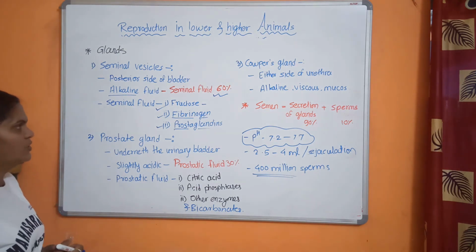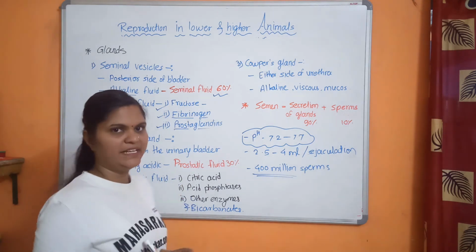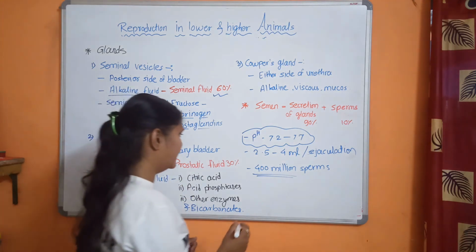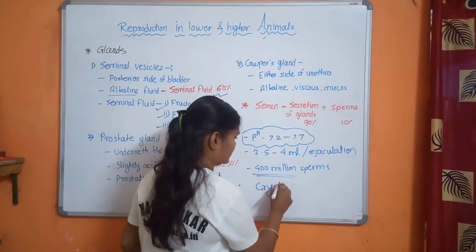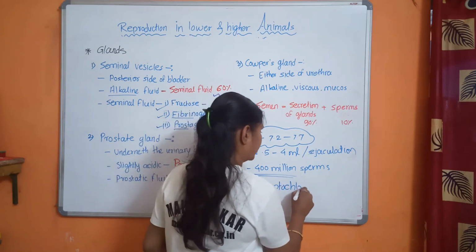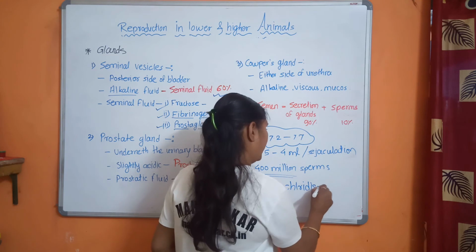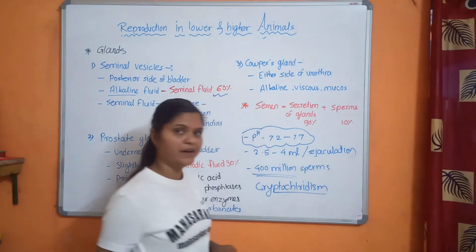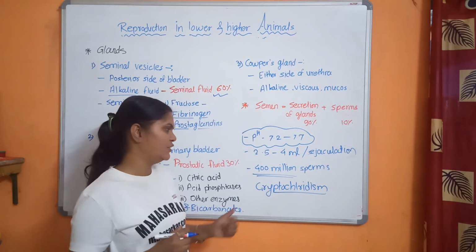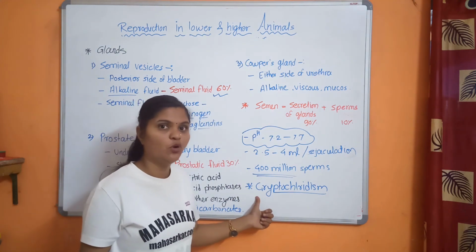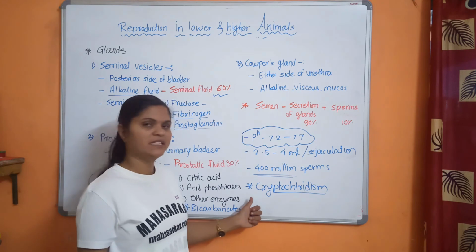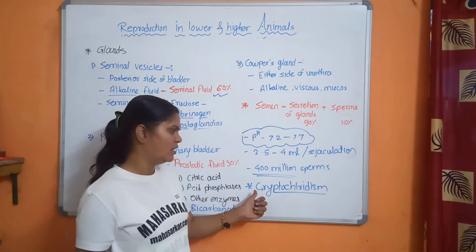In your textbook, two diseases are given. The first is cryptorchidism. If the testes are not able to descend into the scrotum, such a condition is called cryptorchidism.